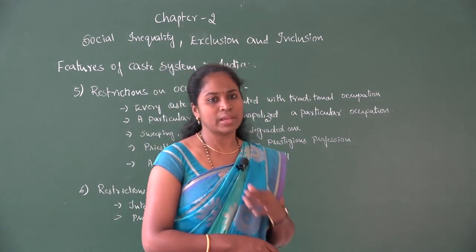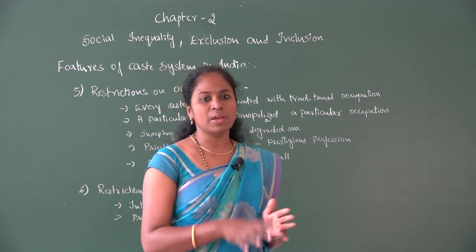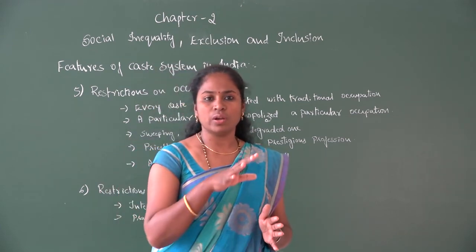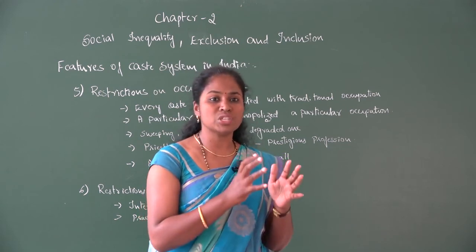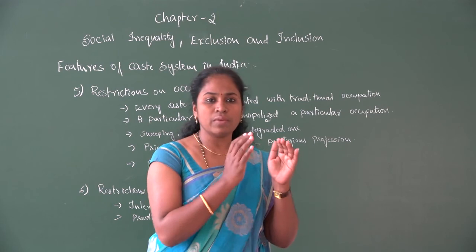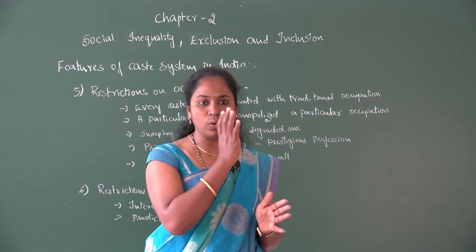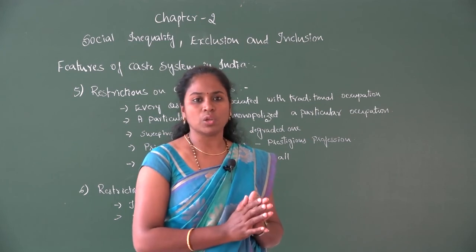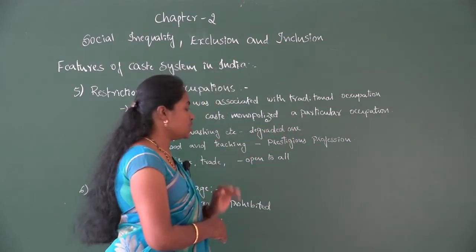Any caste people could do these occupations. So according to the caste system in the traditional society, occupations were reserved and restricted to the particular caste, and they had to do only that occupation. So this was the condition in the society.